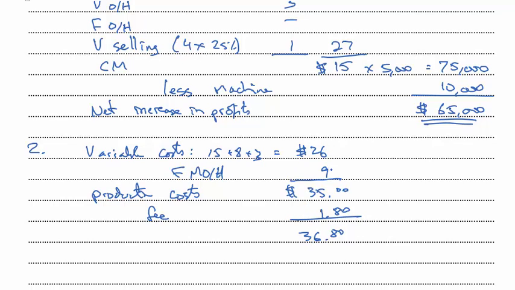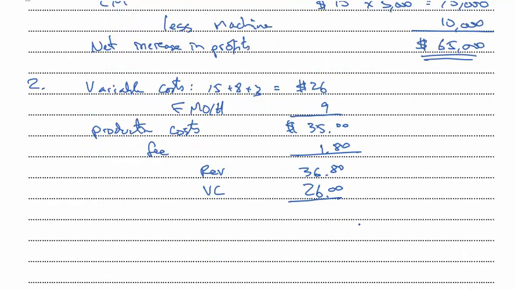So this fixed manufacturing overhead has already been covered, and so has that. This is revenue, but our variable costs are going to be $26 to actually produce the things. So the contribution margin per unit is going to be $10.80.